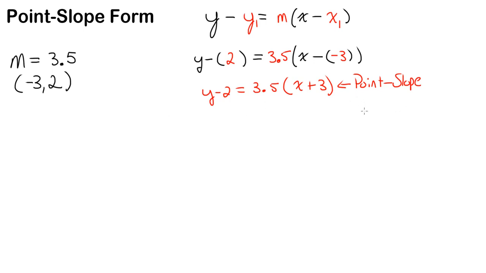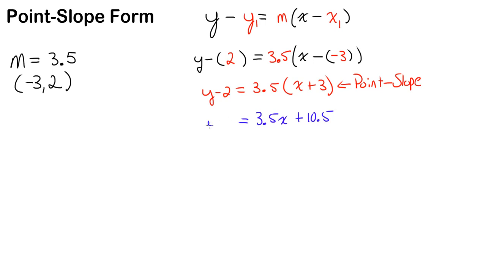Now, one of the valuable uses of point-slope form is that it's an easy way to write an equation in slope-intercept form, because from this point, all you need is two more steps. The first step would be to distribute. So 3.5 times x is 3.5x, and 3.5 times 3 is 10.5.